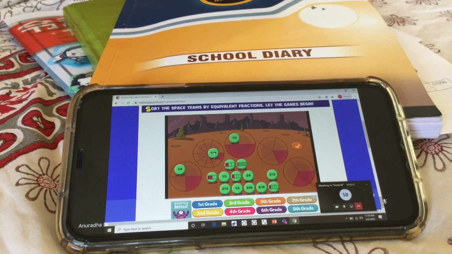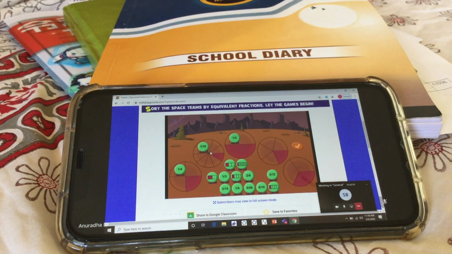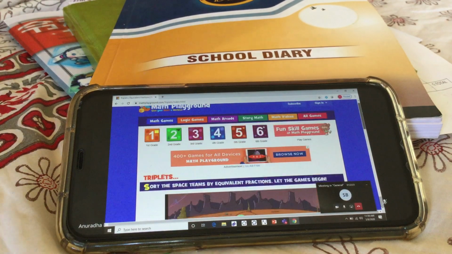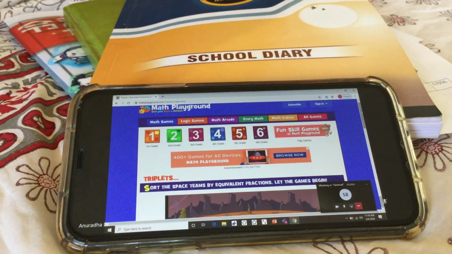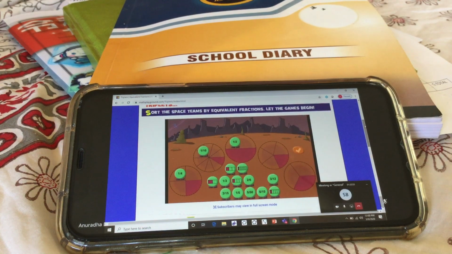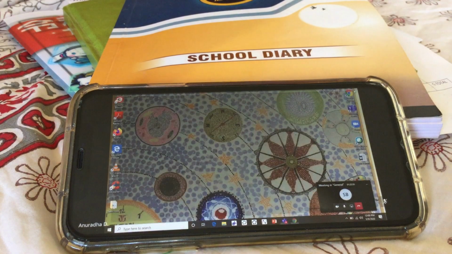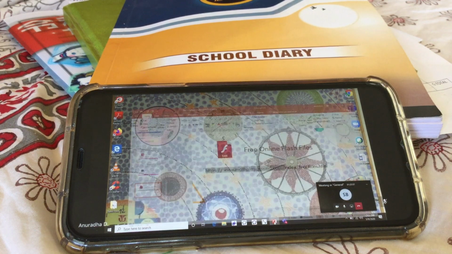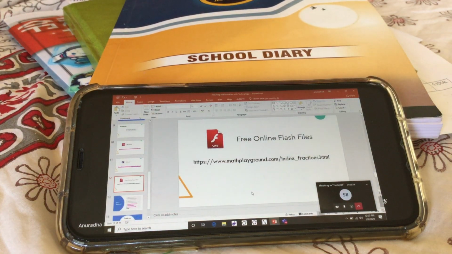This is not just a game, but something which the children will enjoy, and according to us it is revision. So much is available. We can browse the net and pick the right sources that we want to use for our children. Just a glimpse of that.